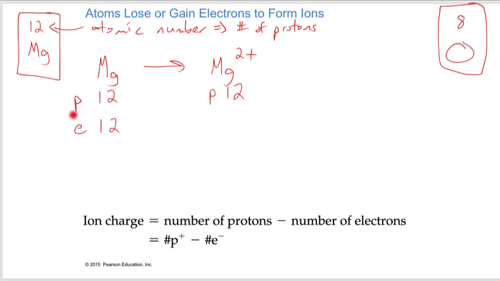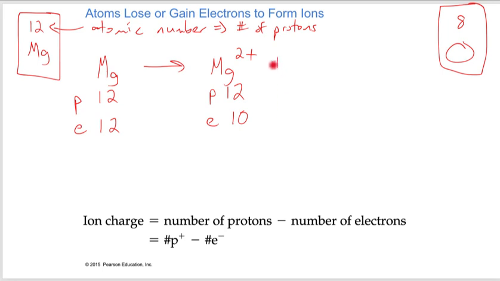What happens is there has to be a change in the number of electrons. We learned the electrons are on the outside of the nucleus. Those are the things that are accessible for chemical reactions, and these are what change during a chemical reaction. This is what's happening. This is a chemical reaction. So to get a +2 state, that means we had to have lost 2 electrons in the process.